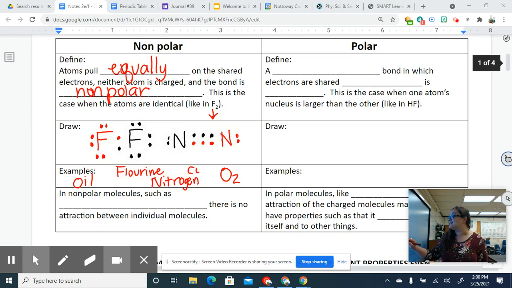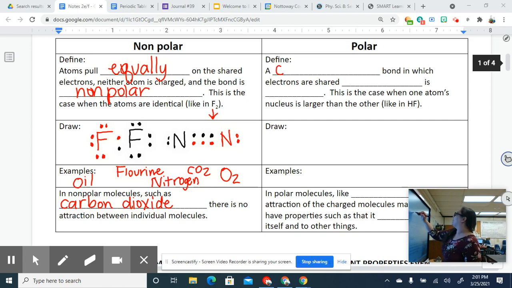Carbon dioxide is nonpolar because the oxygens are pulling evenly on the carbon that's in the middle in between them. So all of those are nonpolar. So in nonpolar molecules, such as carbon dioxide, there is no attraction between the individual molecules. All right, so let's talk polar.